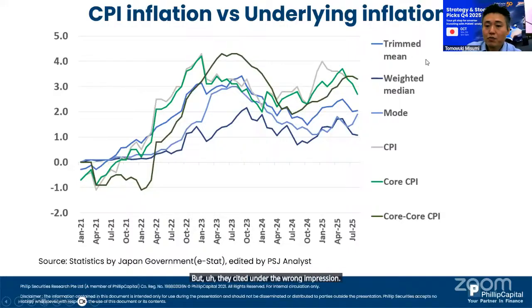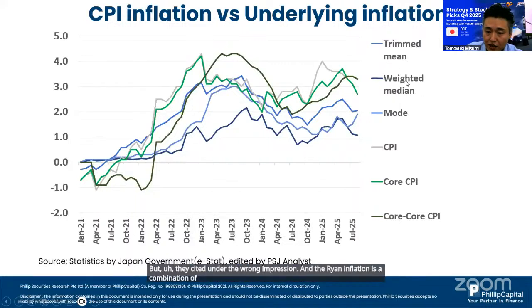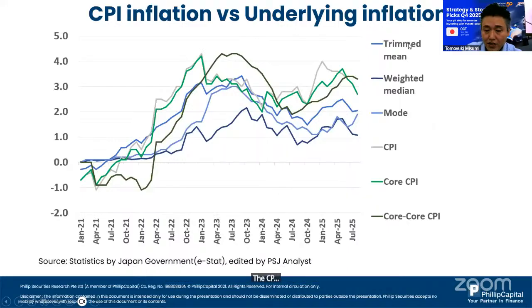Underlying inflation is a combination of the trimmed mean, weighted median, and mode of the CPI, that is, the price index of some selected goods, trimming the upper 10% and lower 10% of the goods.